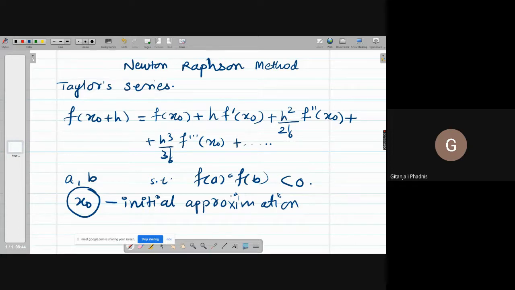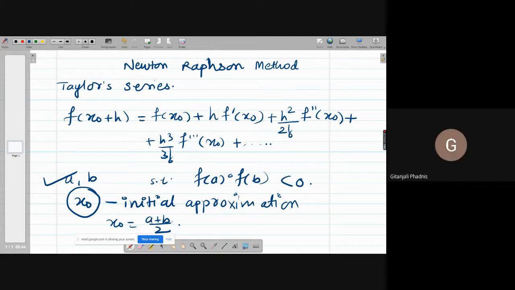Or if you cannot guess it, you can apply the same technique, find two values A and B randomly such that f(a) times f(b) is less than 0 and take x naught as the midpoint of this interval. Do you understand what I'm saying, girls? No, ma'am. Yes, ma'am.